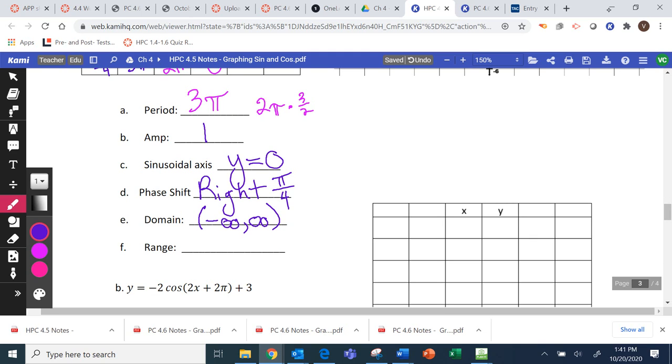Interval notation. Starts at -1, ends at 1, brackets or parentheses? Brackets, because it does equal.